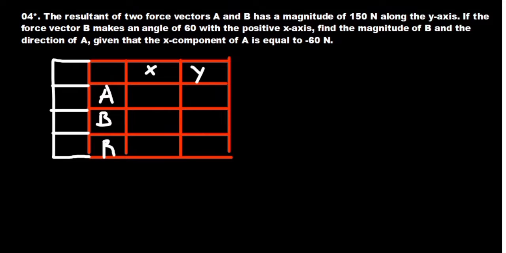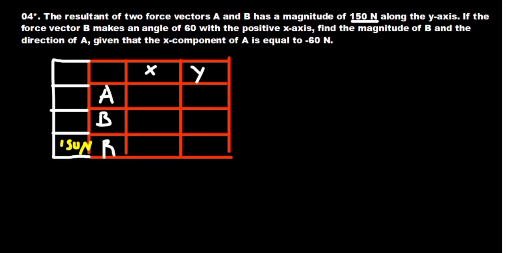So what are they saying? The resultant of two force vectors A and B has a magnitude of 150 newtons. We've already been given the magnitude of the resultant, so it's 150 newtons. What have we been told?